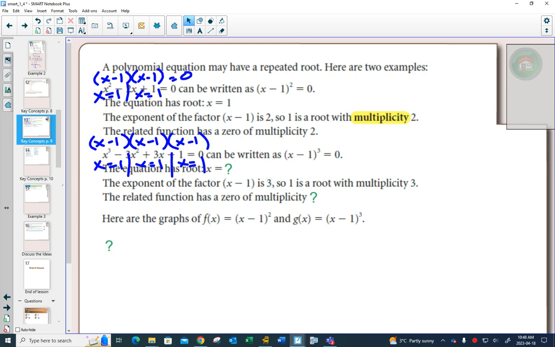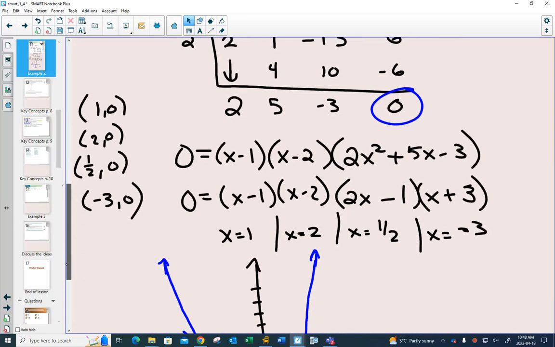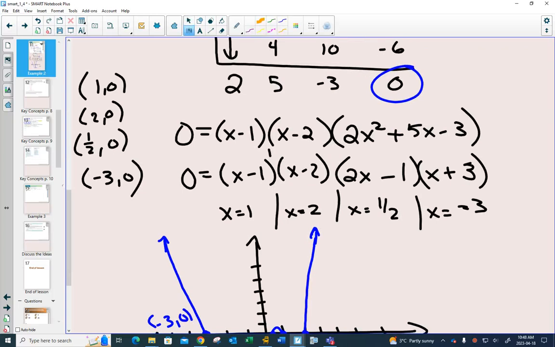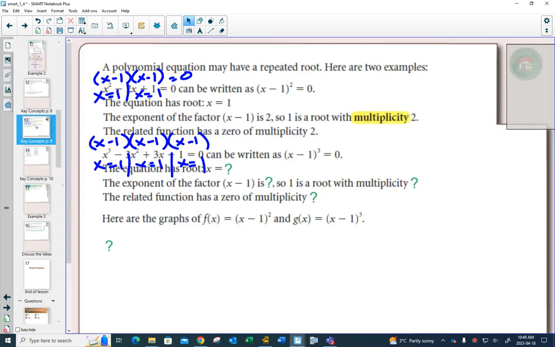Now something interesting happens when the multiplicity is bigger than 1. Most factors only happen once. In fact, the graph that we just did, can you see that all of these factors, there's one of this one, one of this one, one of this one, one of this one. They all happen once. Most of the time, they happen once. But sometimes they happen more than once.